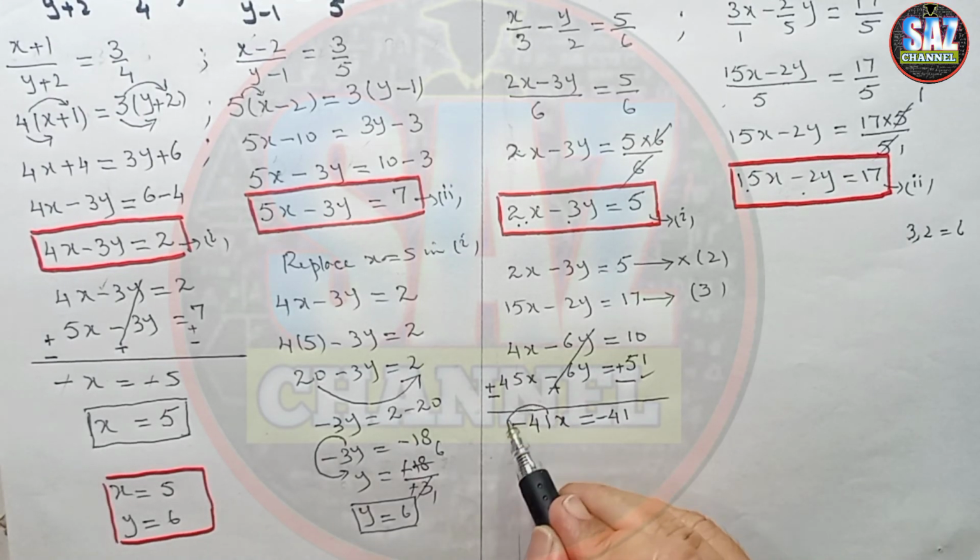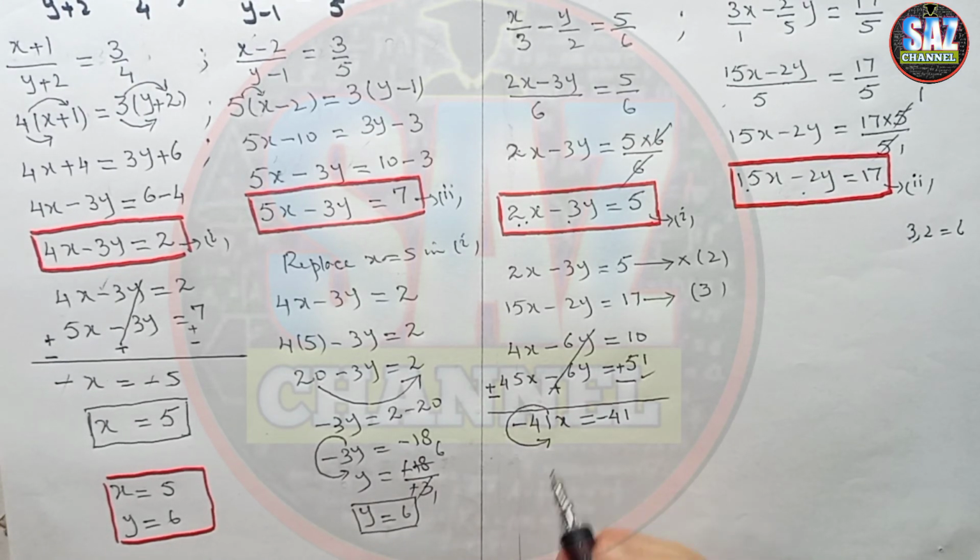Now in order to get the value of x, I have to shift this 41 to the other side. Minus 41 by minus 41, 1 times will give me 41. So the value of one of the variables will be x equals 1.